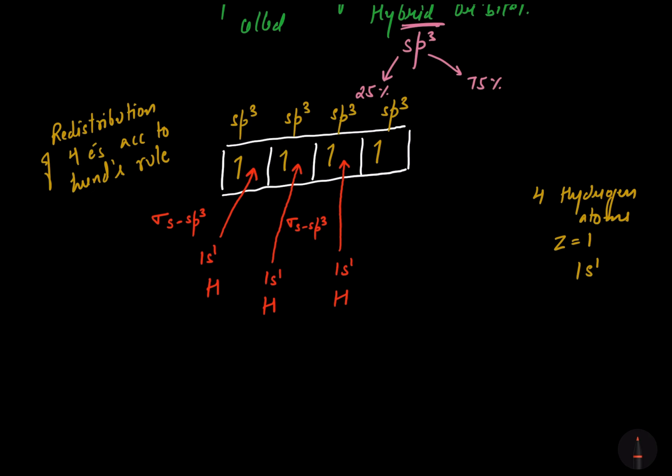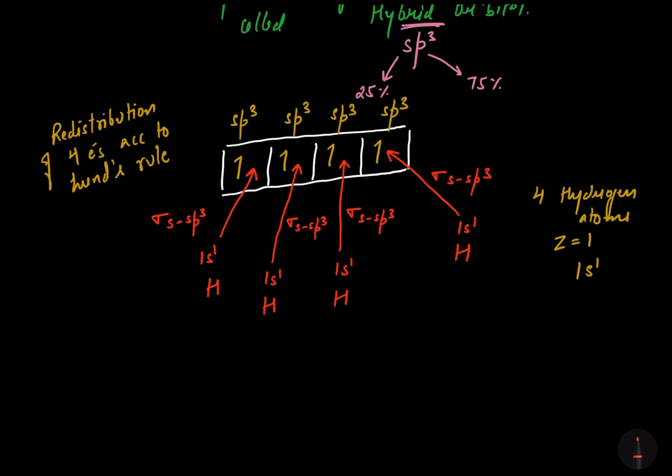The third bond is also sigma s-sp3. And let's talk about the fourth hydrogen. It's again 1s1. Again the s orbital of hydrogen containing 1 electron will overlap with the sp3 orbital of carbon containing 1 electron, so a covalent bond will form, and that sigma bond will be sigma s-sp3.